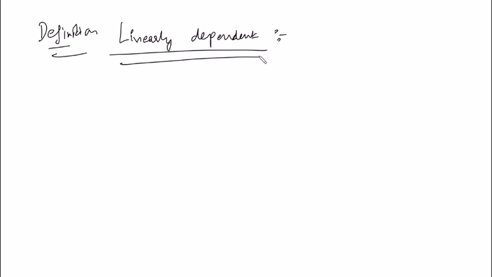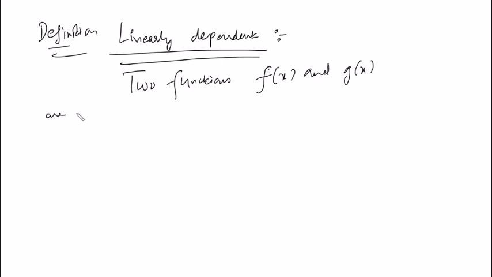Okay, so let me write the definition. What is the linear dependency we are talking about? Let me first write the definition, then I'll give you the examples. Firstly, I'm talking about two functions. If there are two functions, say f(x) and g(x), they are said to be linearly dependent.